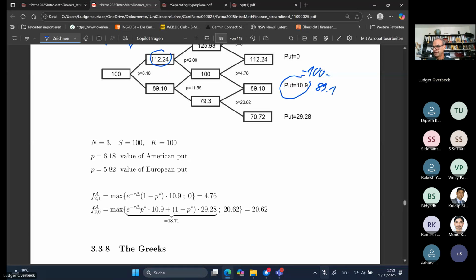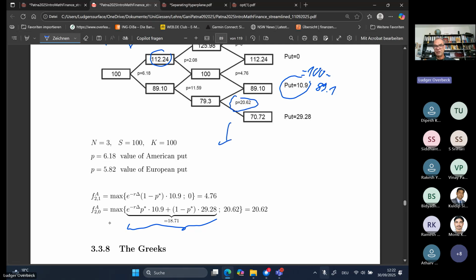Now you have this one. You calculate the put value is 0, because 100 is the strike, and the non-execution value is, you take the put here and you multiply it by 1 minus P star, you discounted it. And that's 4.76. At 0, you see the non-execution at this point here, we are calculating this one.